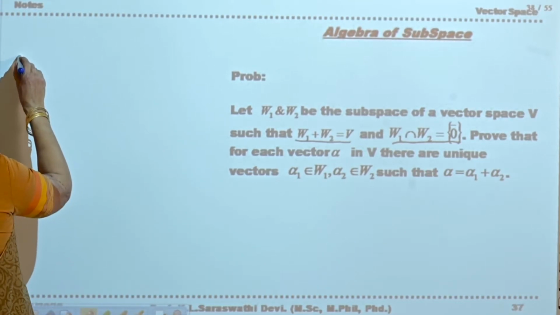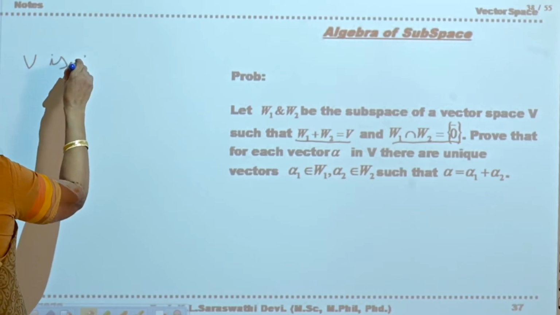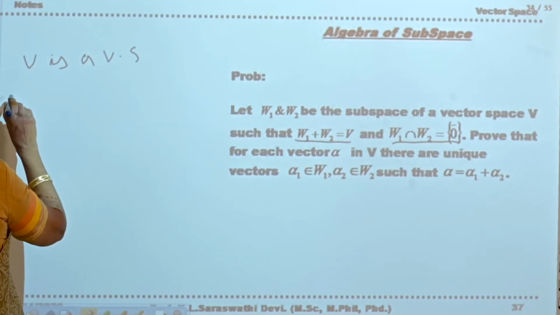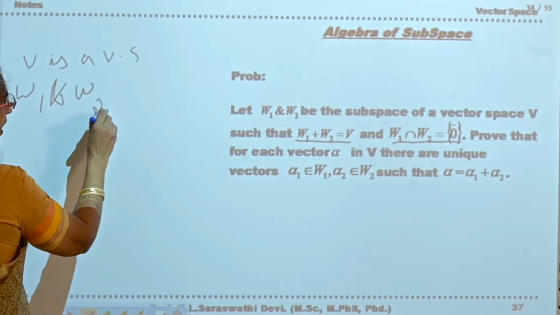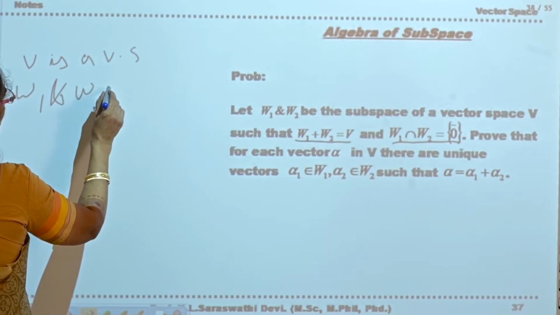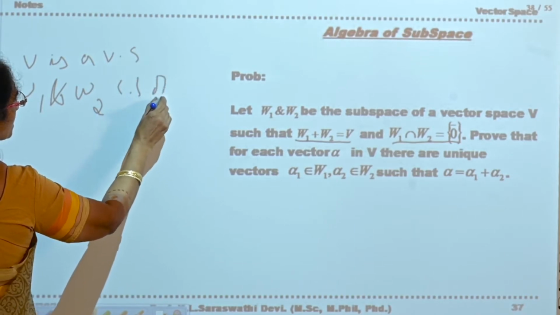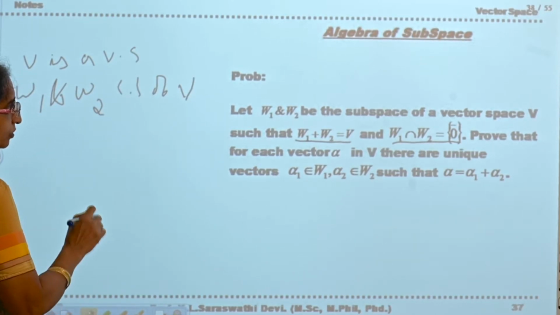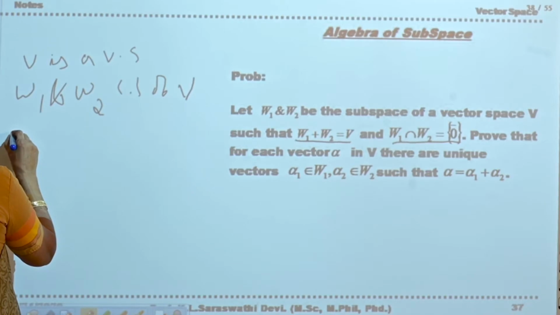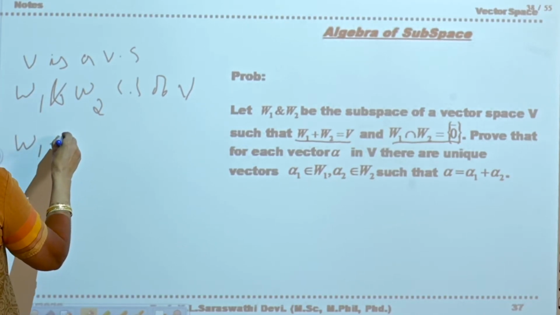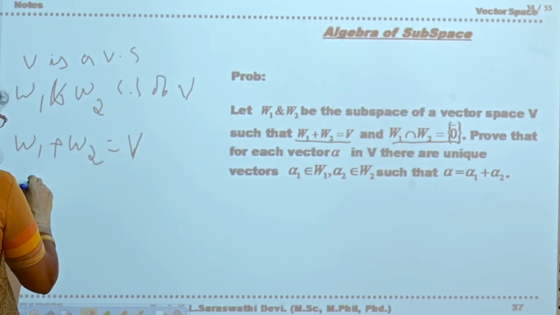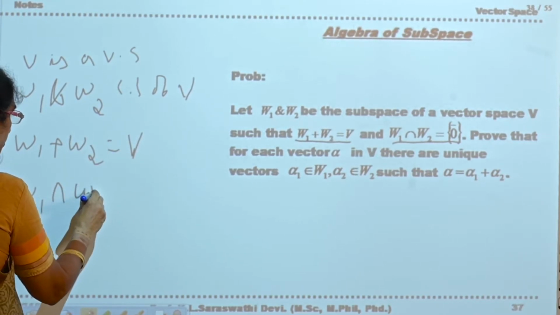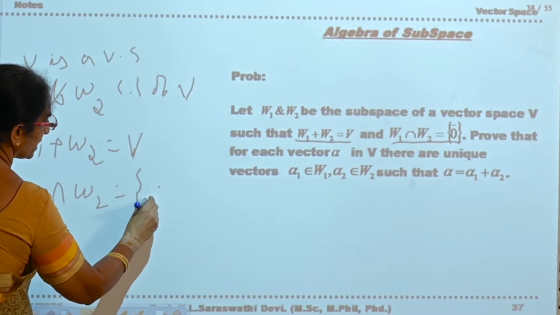What is V? V is a vector space. What are W1 and W2? They are subspaces of V. And how are W1 and W2? W1 plus W2 is equal to V, and W1 intersection W2 is equal to only singleton zero.